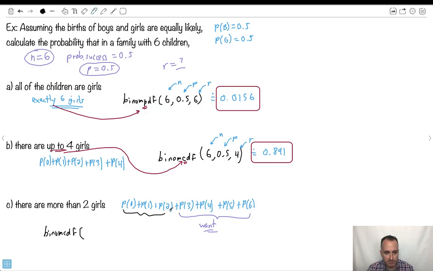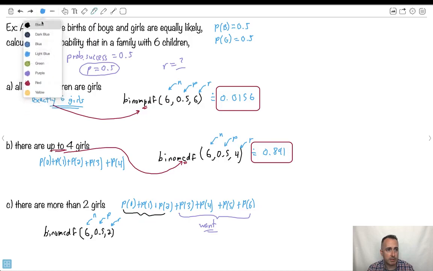I'll take this value right here, so up to 2, and I'll just do 1 minus that probability, and that'll give me this. Do you see what I mean? So I'm going to try to just find what it is for 6, 0.5, 2, where this is the number of trials, this is the probability, and this is R. The reason I'm doing this, that's going to get me this value right here.